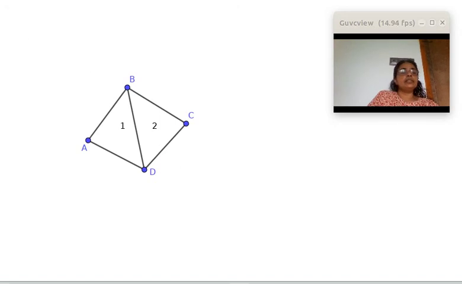For that, draw a parallel line to this diagonal through C, and we can move this point anywhere on this line. No change in the area of triangle 2.